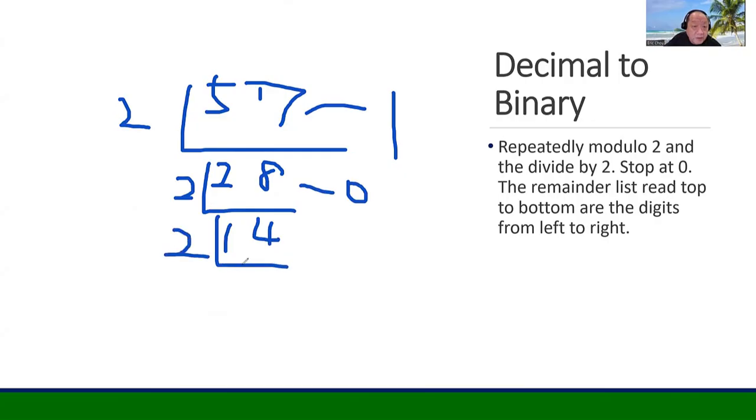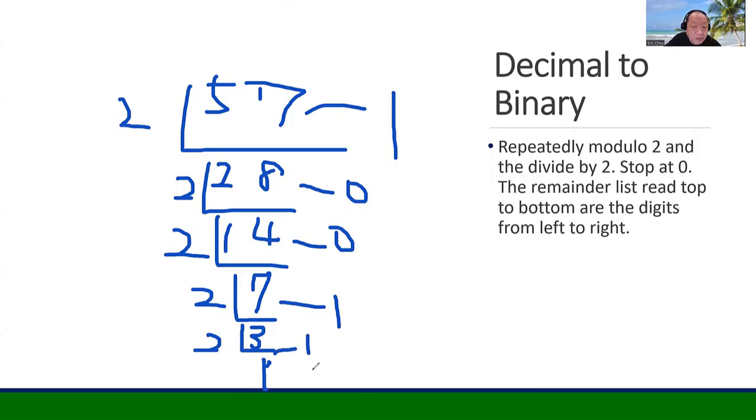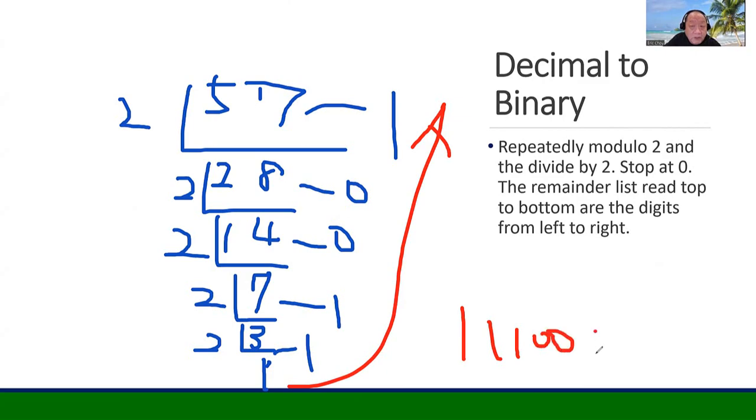Divide by 2, you get 7 remainder 0. Divide by 2, you get 3 remainder 1. Divide by 2, you get 1 remainder 1. So the result, reading from here to here, is 111001. It's your binary number for 57. Is that okay so far?